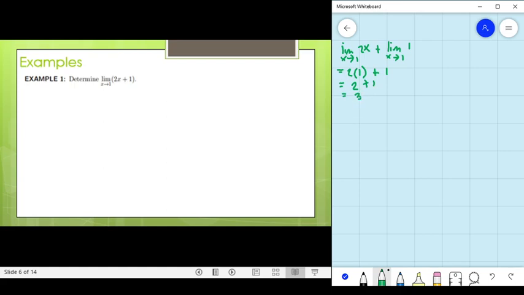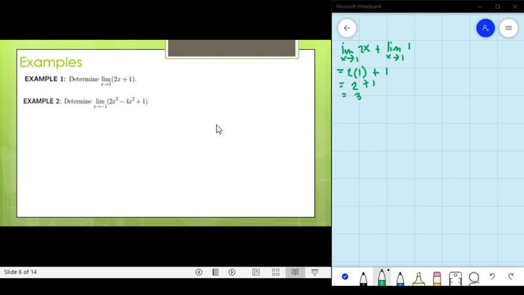So in number 1, the limit of 2x plus 1 as x approaches 1 is equal to 3. Okay, number 2 is to find the limit of the function 2x cubed minus 4x squared plus 1 as x approaches negative 1.